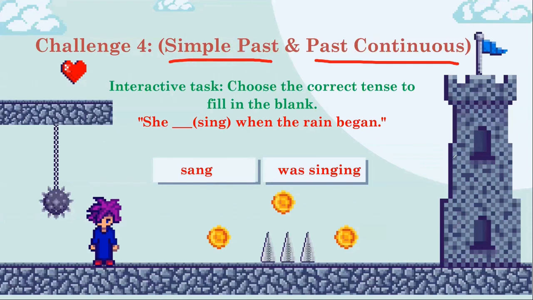5, 4, 3, 2, 1. Okay, so let's see here. Because we can see here a very important word, when, you can think that one action was ongoing when another one started.